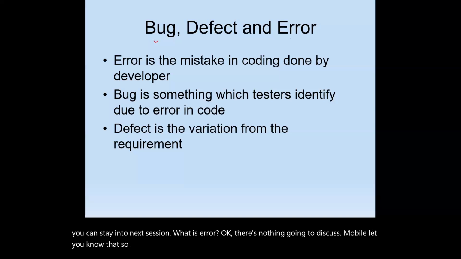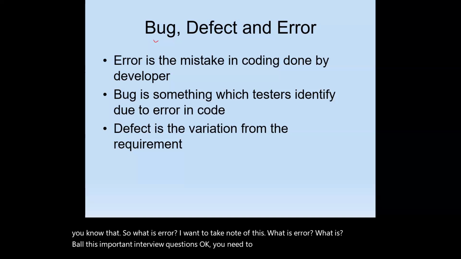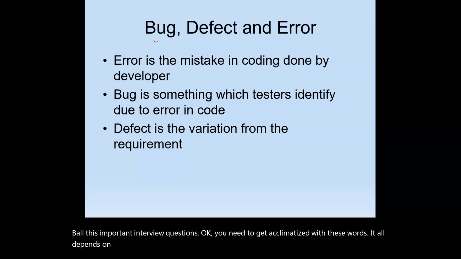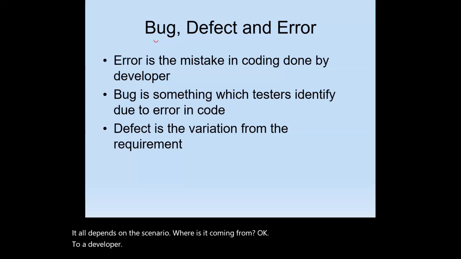So what is error? What is bug? These are important interview questions. You need to get acclimatized with these words. It all depends on the scenario, where it is coming from. To a developer, it is an error.